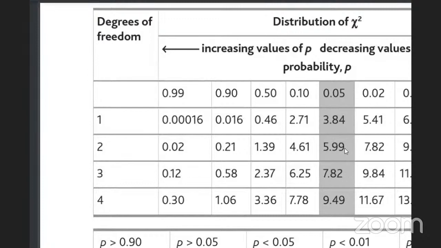You go across to 0.05, it meets at 7.82. And whatever we just got is very much larger than 7.82. Even if it was 7.83, once it is above it, what do we do? We reject the null hypothesis. The difference was not due to chance.